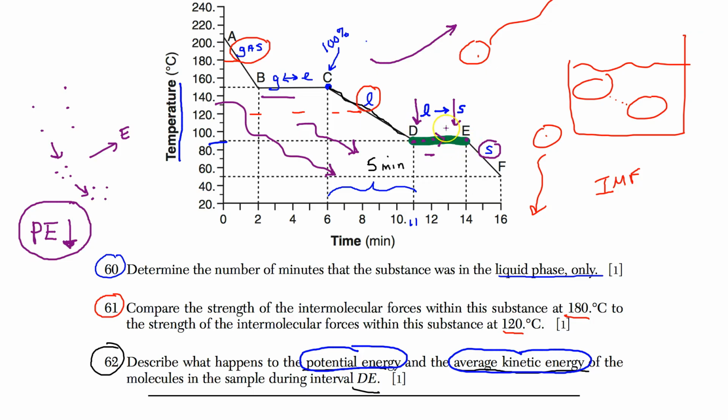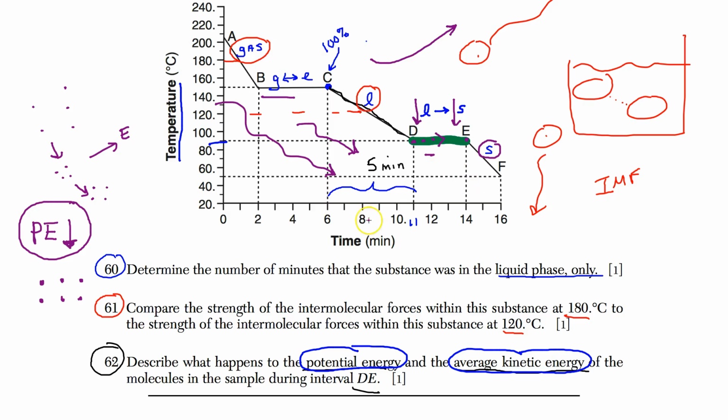So as you're developing more solid, you're developing more of these crystalline structures that can only what? Vibrate in their fixed positions in their crystal lattice. So the potential is dropping as you make molecules who have less freedom to move. If you don't like any of that, hey, the overall flow is going down. The potential energy drops for every single interval.